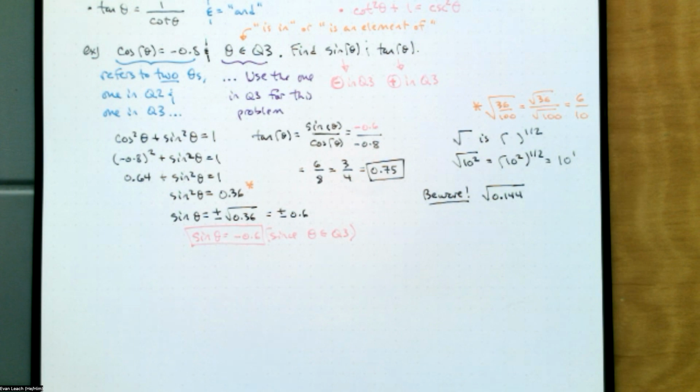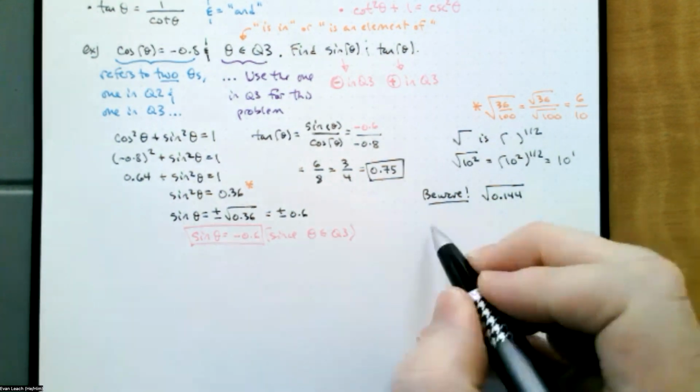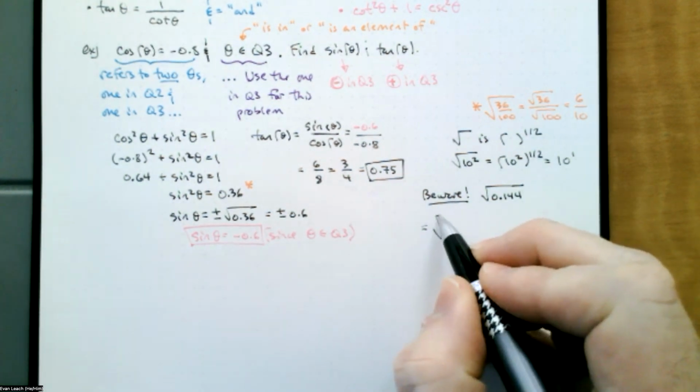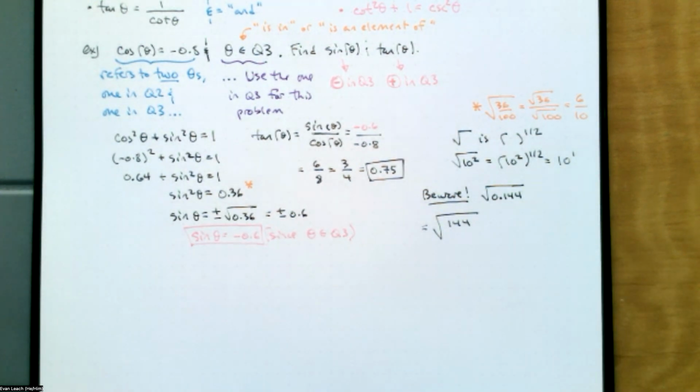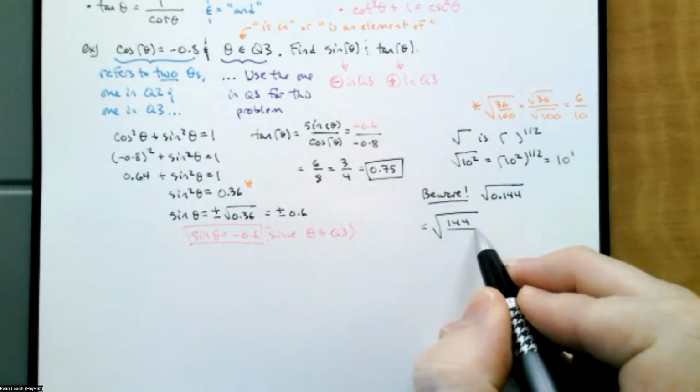So this fraction is 144 over, and we're like, oh, that's a good square root. That's a 12. But the denominator is not a square. The denominator is 1,000.